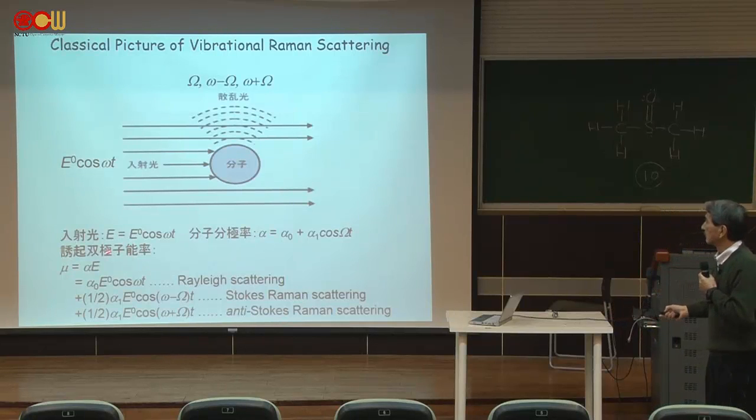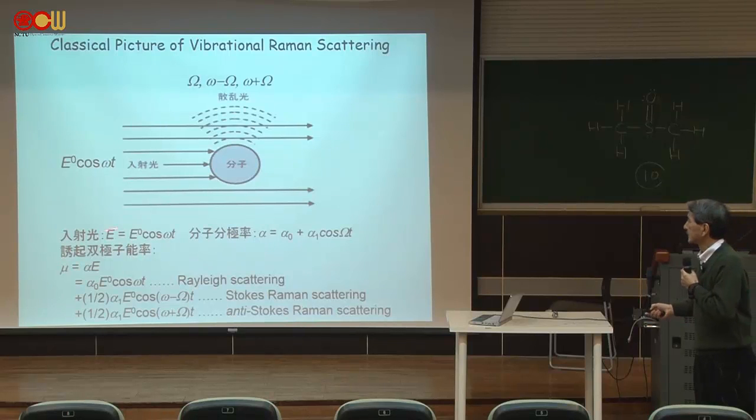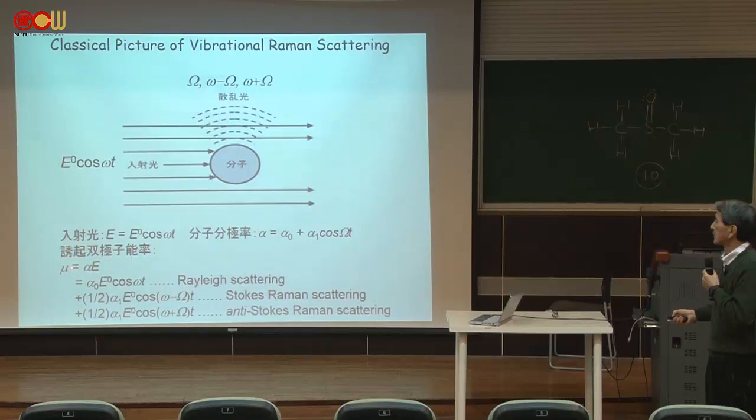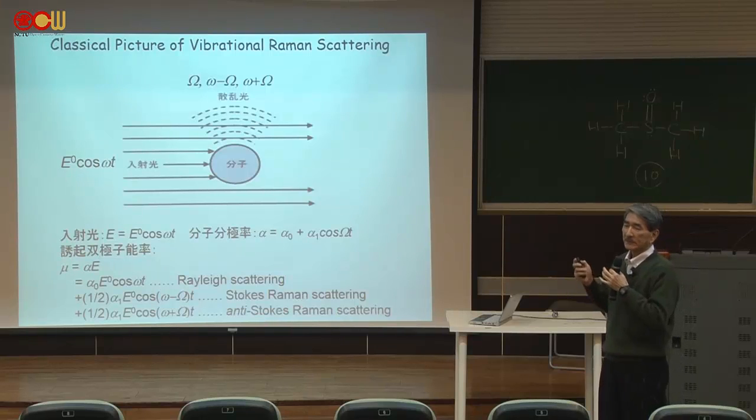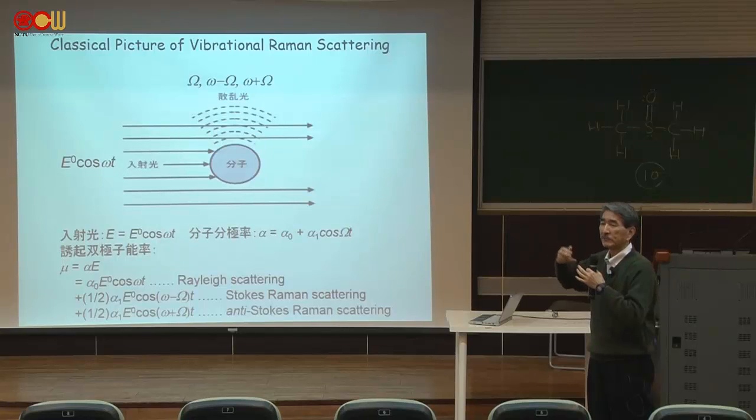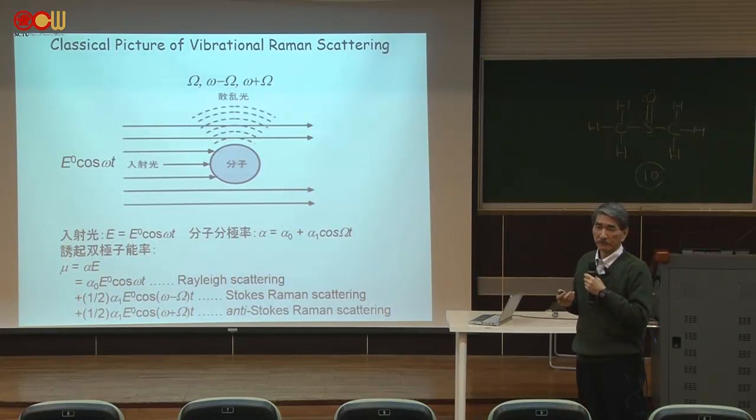And the dipole moment induced by the incident light can be expressed as here. So induced dipole moment is equal to alpha times the electric field. Alpha is the polarizability. Polarizability is a quantity that represents how movable the electrons are in the molecule.